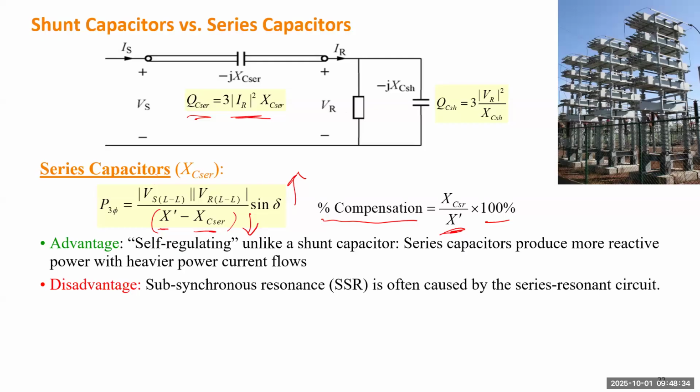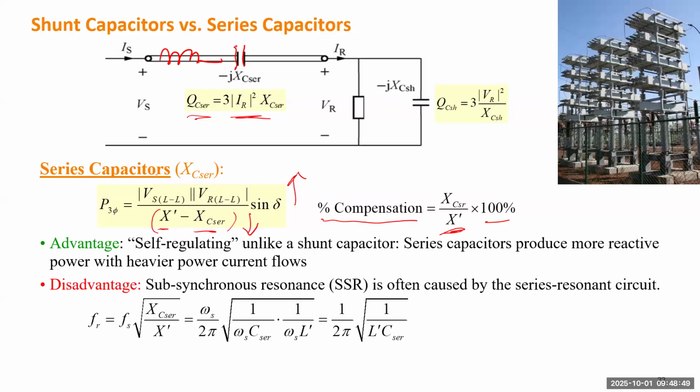But the disadvantage is it will be in series connection with the inductance. So whenever you connect a capacitor directly to an inductance, you will cause some resonance. So we'll create a resonant circuit. If you have capacitance connected with the inductance, so this is C, this is L. For such a circuit, if you inject some current, it would resonate at a certain frequency.